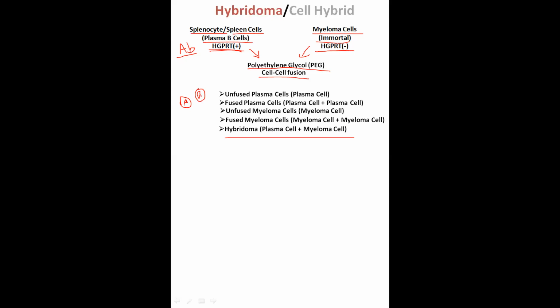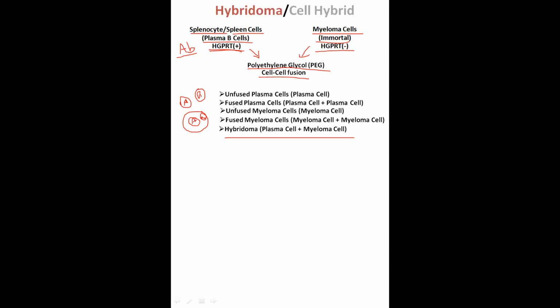After the fusion, the cytoplasm will fuse and the nucleus will fuse, so that it becomes just a bigger cell with nucleus A and nucleus B together, and these two nuclei will also fuse. In the presence of polyethylene glycol, the plasma membranes of the cells fuse with each other and it becomes one cell.